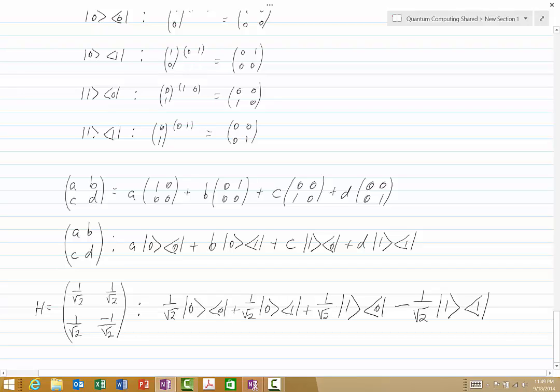So it becomes just that simple to find the operator corresponding to any 2 by 2 matrix.